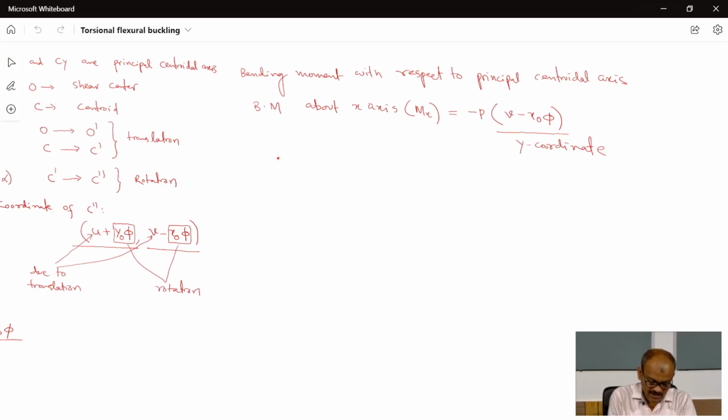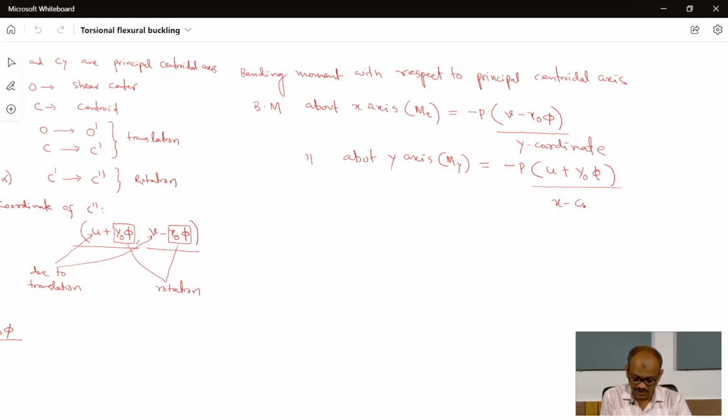Bending moment about the y axis, My, is minus P into U plus Y naught phi, which is the x coordinate.